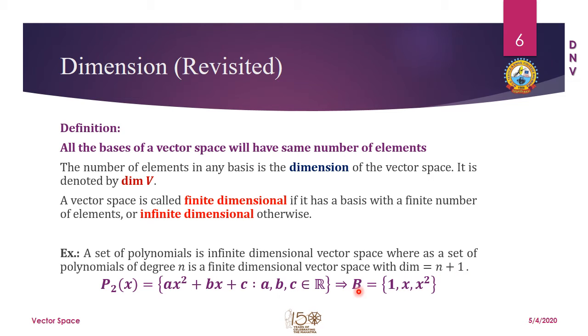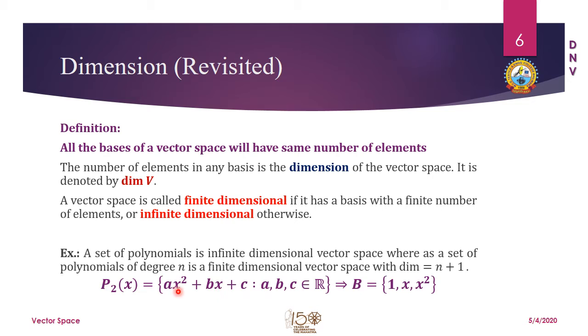In the last lecture I had discussed the same thing, and in this lecture also I am discussing that a polynomial of degree 2 requires three terms: ax square, bx and c, the second degree term, first degree term and constant term, which is the 0 degree term, where a, b, c are members of the set of real numbers. So the basis for this vector space of second degree polynomials is 1, x, x square.